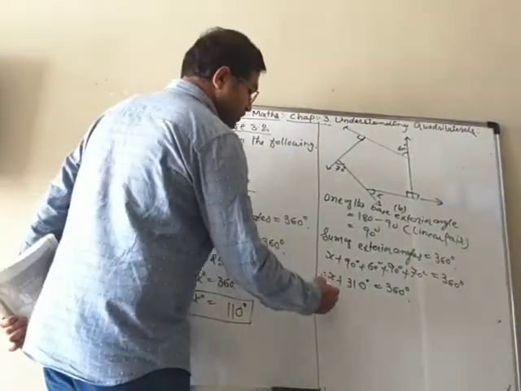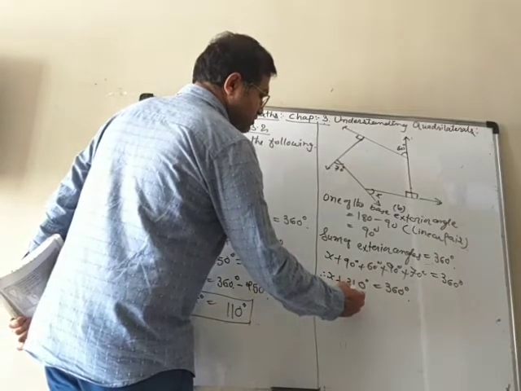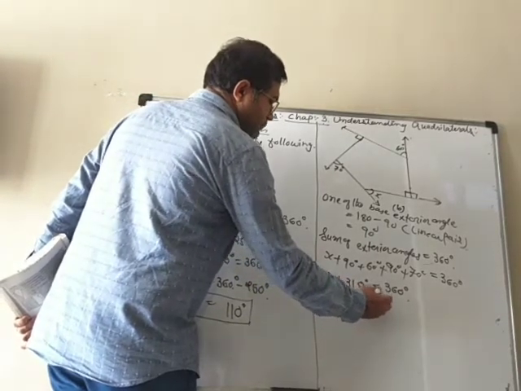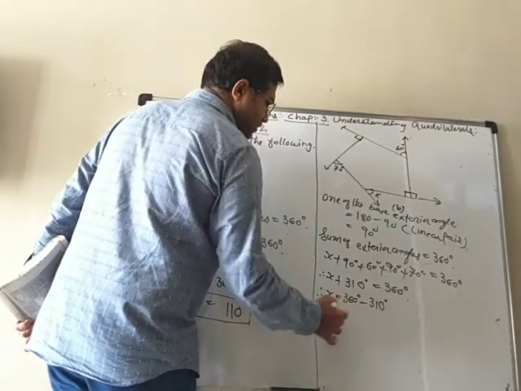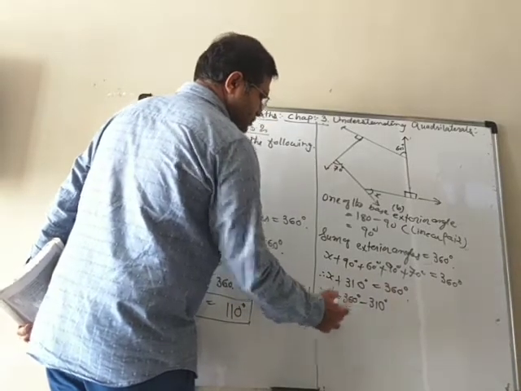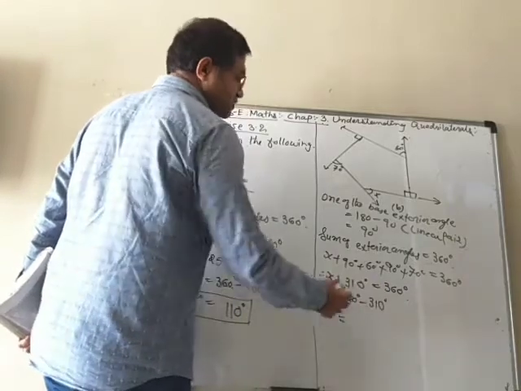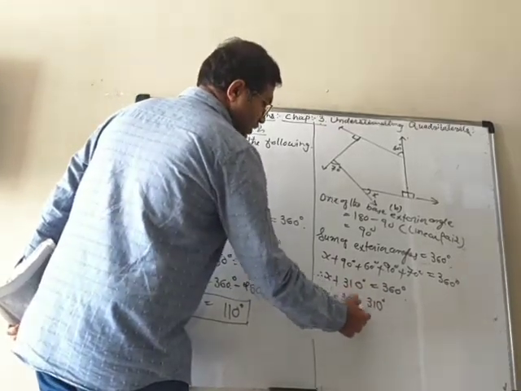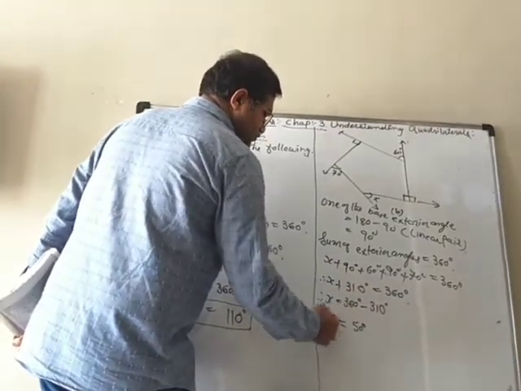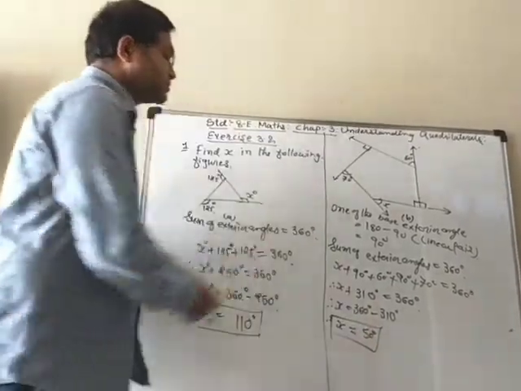And therefore we get x equals 360 degree minus 310 degree. So the missing angle x, 360 minus 310, will be 50 degree. So our answer is 50 degree.